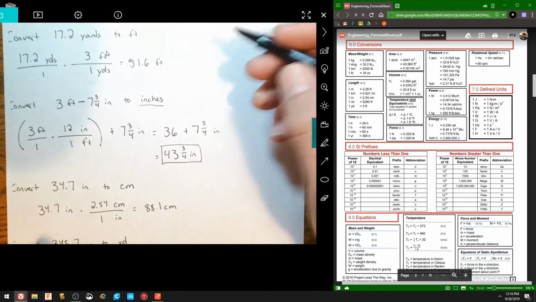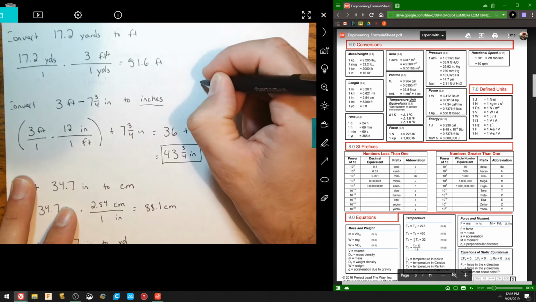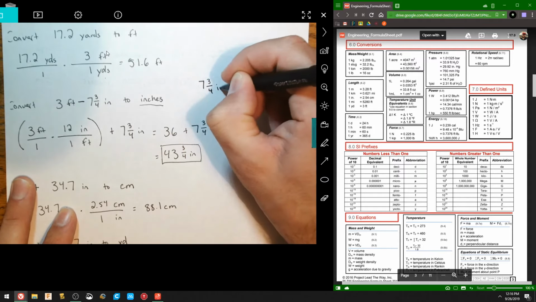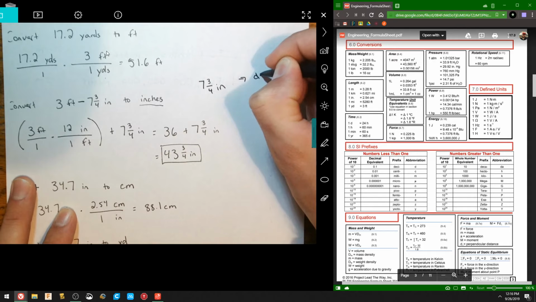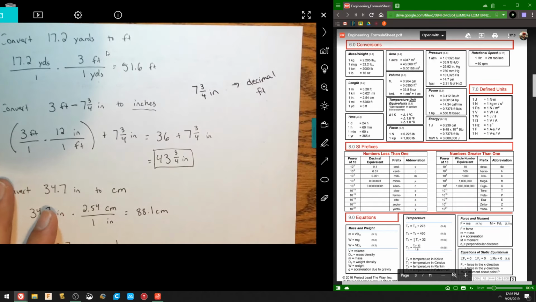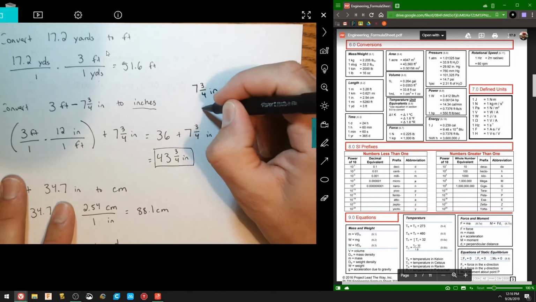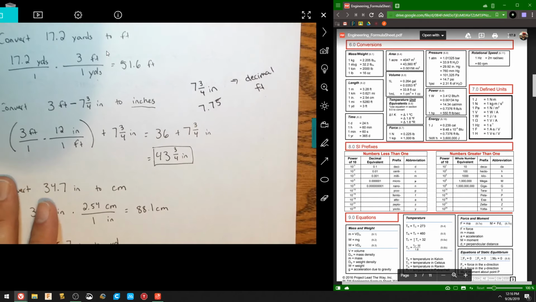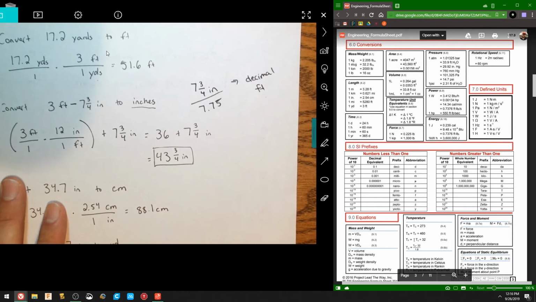Let's say we want to make, and this is not on here, and I want to make sure this is clear. If you do 7 3/4, and it's in inches, and they're trying to say, go to decimal feet. Okay? All you have to do is, how much is 3/4 as a decimal? 0.75, right? So that's the same thing as this. Does that make sense?